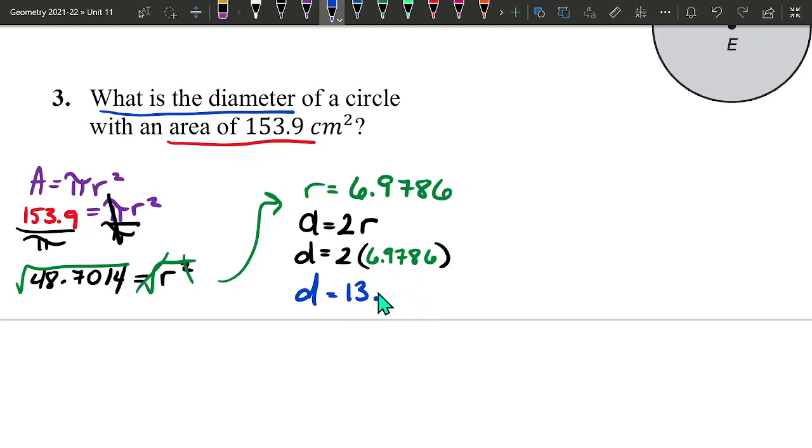Since I'm rounding to the tenths place, 9.5, the 5 tells the 9 to go up. So that's a 0, so that means this is actually 14.0. And these are centimeters.